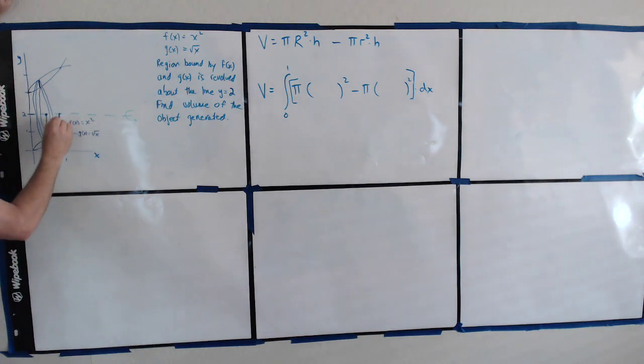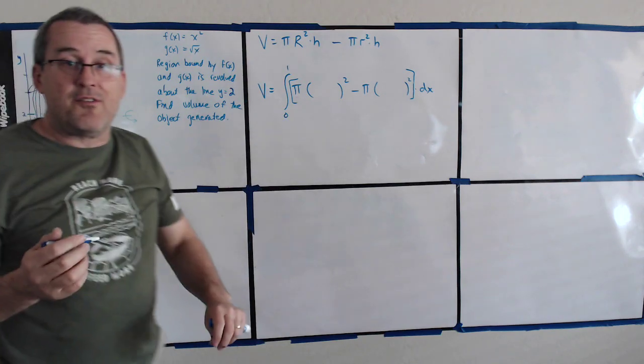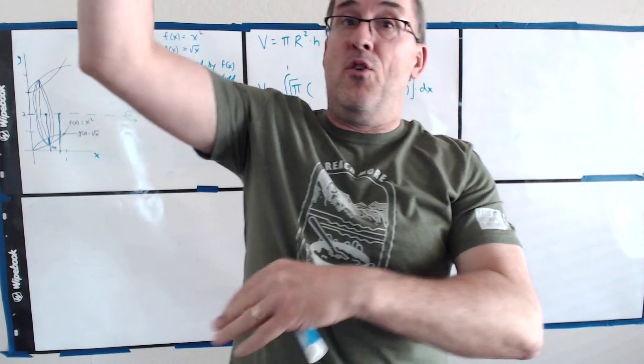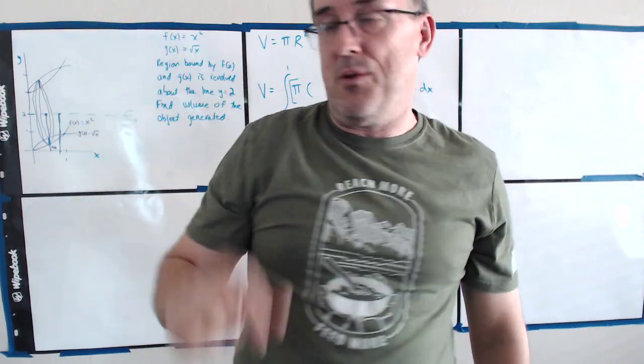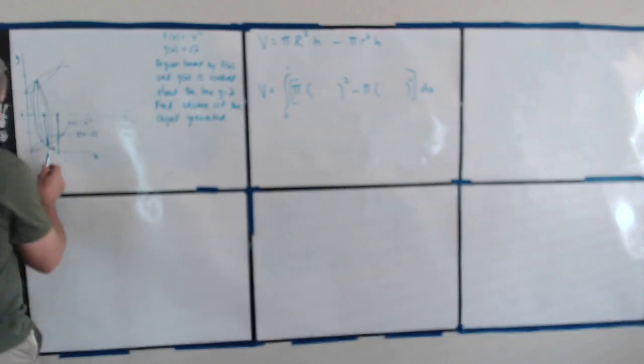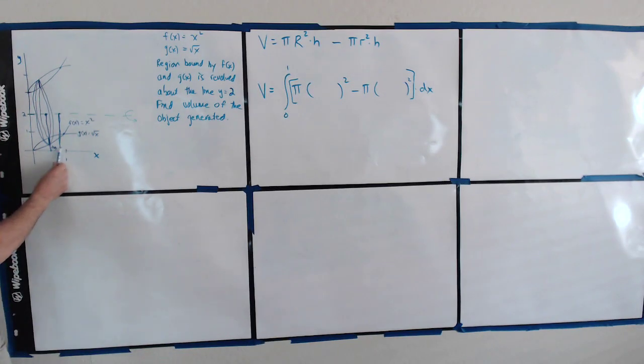And so this whole distance is 2, minus this whole distance is f of x, gives me the radius that I desire. Yeah, this time, because of the way we're revolving it, we have to think about that overall distance of 2, but then we have to take away that little short piece down there at the bottom, the f of x. And that f of x varies depending on x. Like if we were in here, f of x would be bigger. If we were back here, f of x would be smaller.